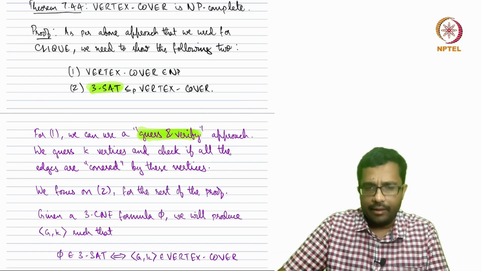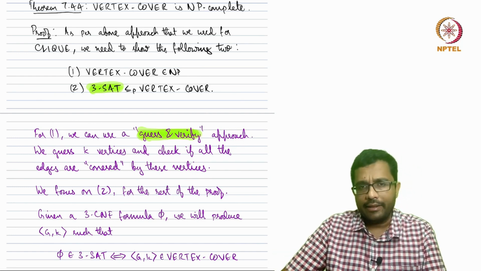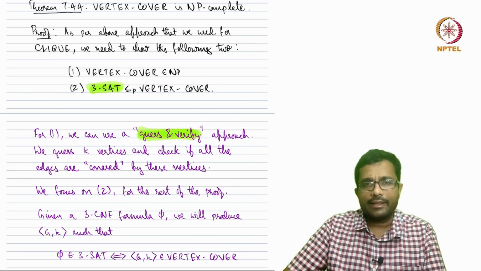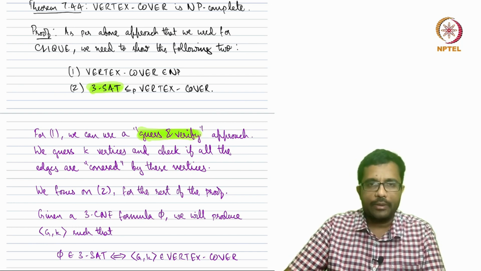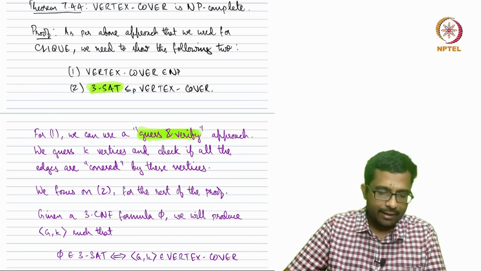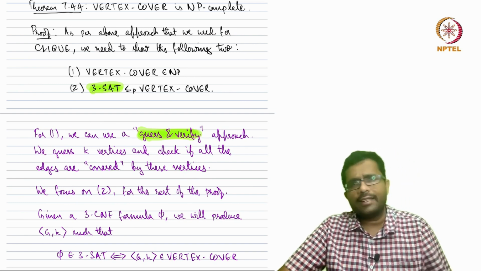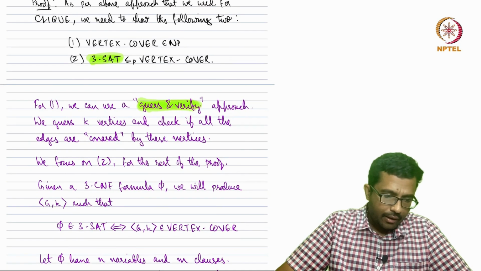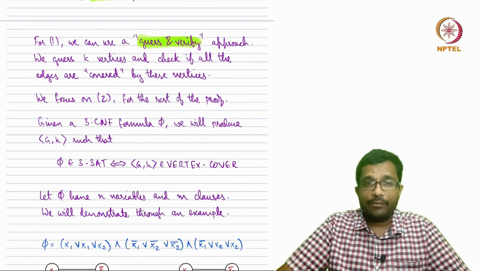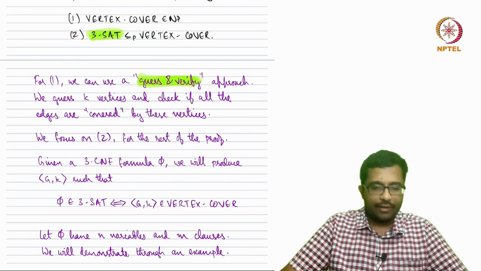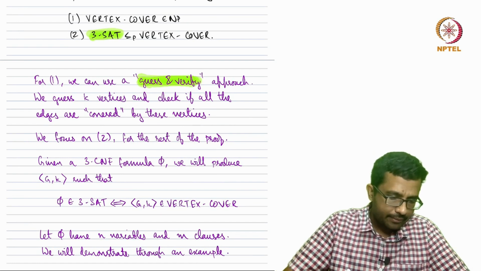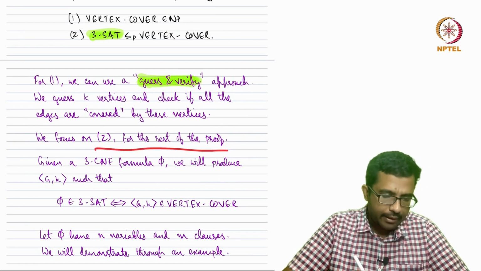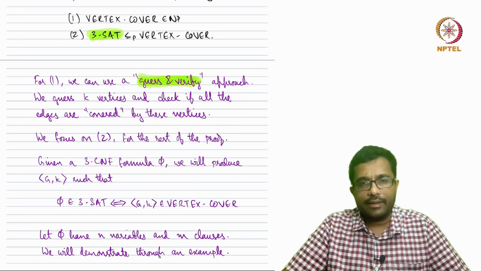This is the straightforward algorithm, and it can easily be checked that it is a polynomial time nondeterministic algorithm. Hence vertex cover is in NP. This is fairly straightforward, so I am not going to spend further time on this. What we are going to spend time on is the reduction from 3SAT, which is somewhat interesting.